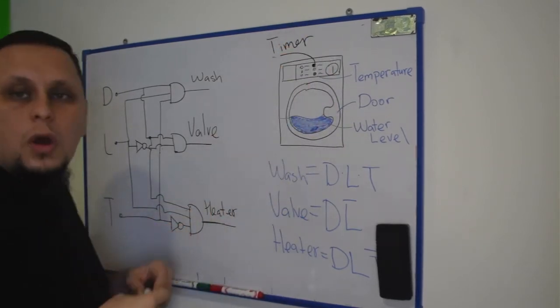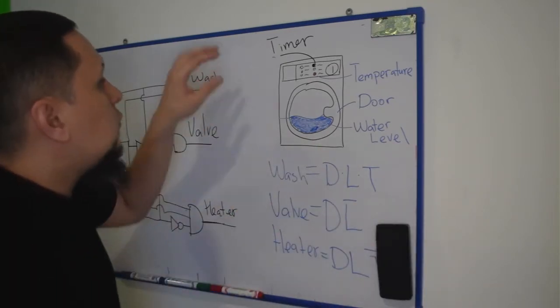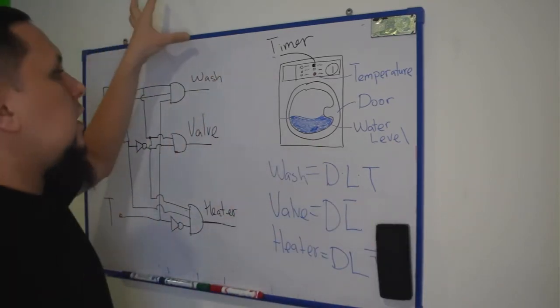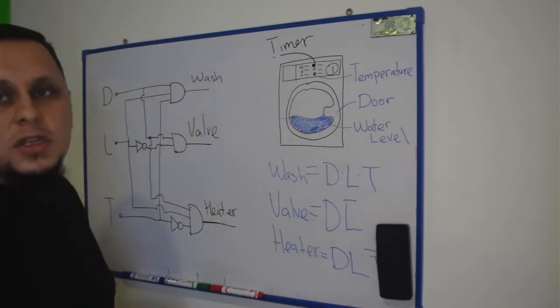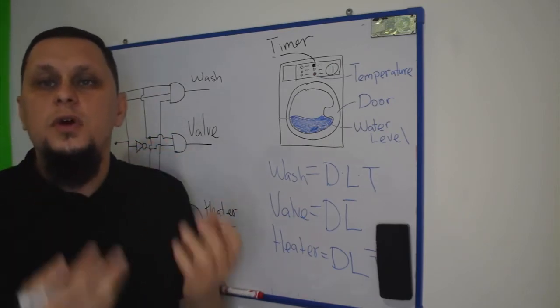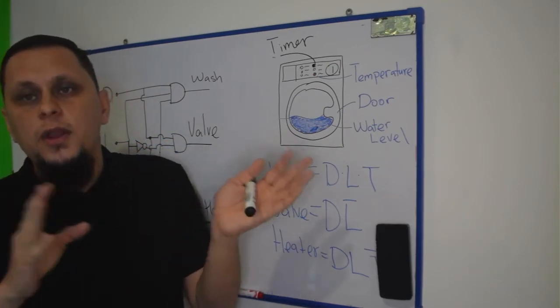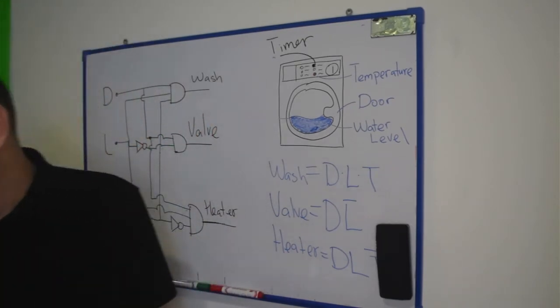How long do you want to wash? Maybe 15 minutes, 40 minutes, or 1 hour. If you add the timer, you have to add an extra circuit that will go low once the timer reaches a certain time. So you have to consider this as well. Now let's move to Circuitverse and see how this works in a circuit.